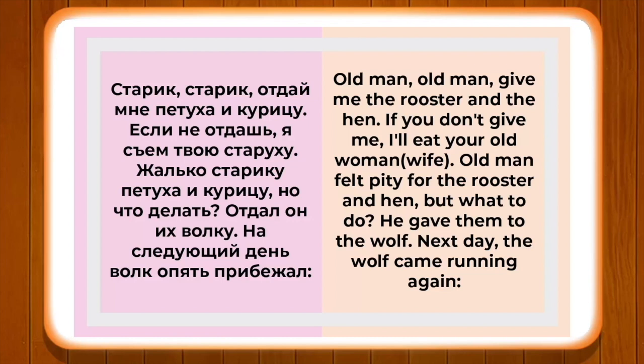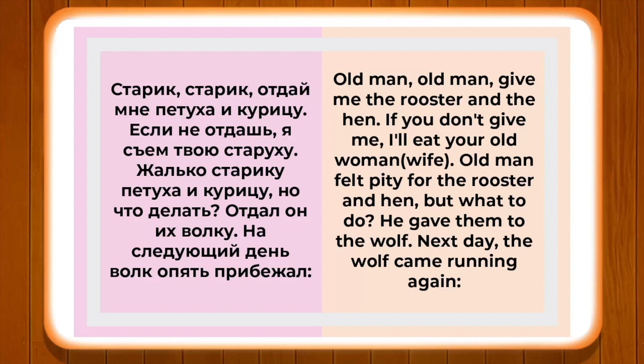Hen, you know that, murgi in Hindi. Let's simplify the sentence. Отдай мне петуха и курицу, старик. Or we can say it another way, старик, отдай мне петуха и курицу. That means old man, give me the rooster and the hen.